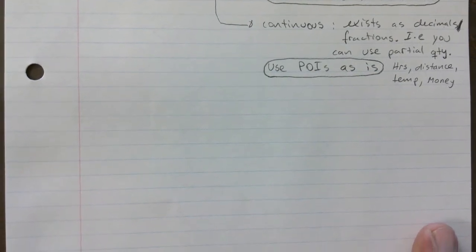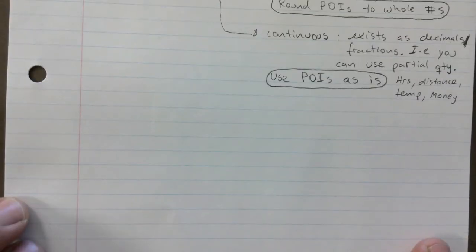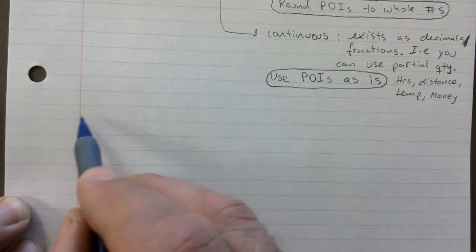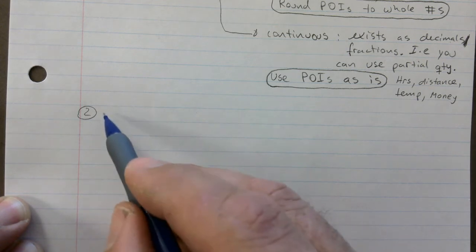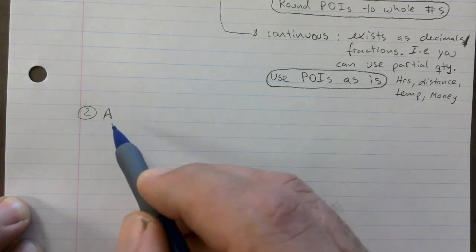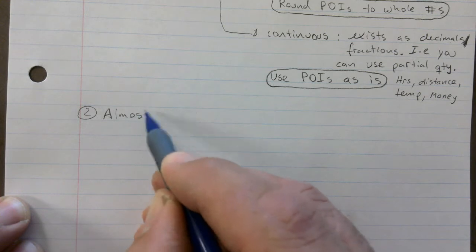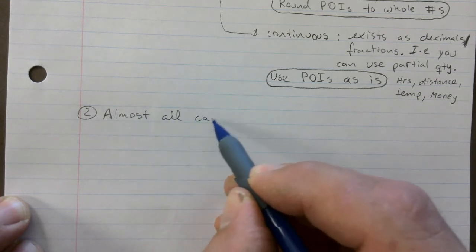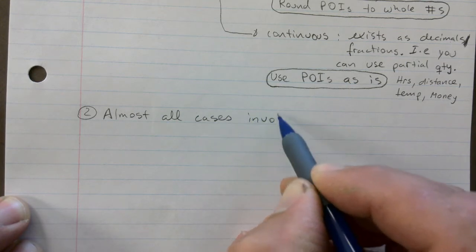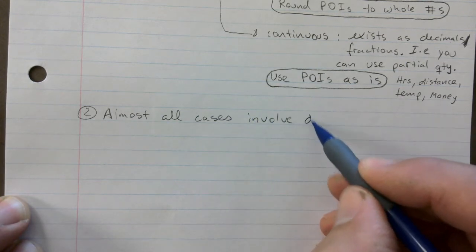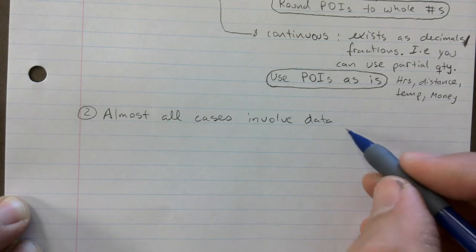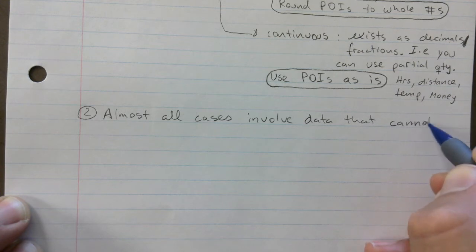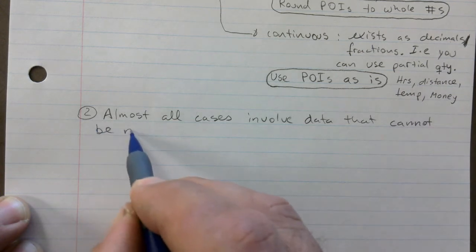So that's one thing to always keep in mind. And then the next one is domain and range. What? I thought we were never going to talk about that. It's okay. We'll do more of that when we do quadratics. Almost all cases involve data that cannot be negative.